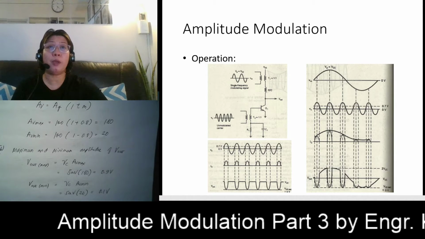So the collector waveform contains two frequencies. What are those two frequencies? Not actually FM, but rather your carrier frequency plus and minus your modulating frequency. And this must be band limited before transmission so that we don't have any other frequencies other than your carrier, your upper sideband, and your lower sideband frequency.